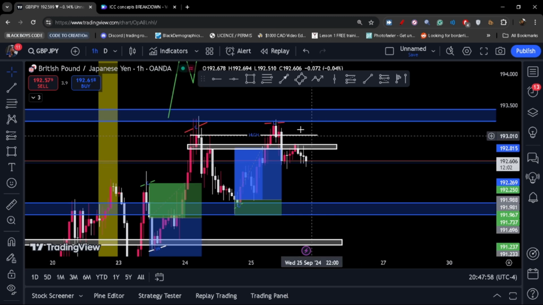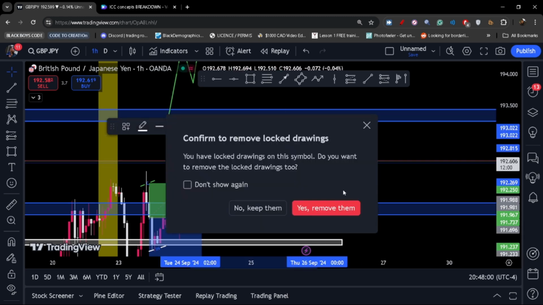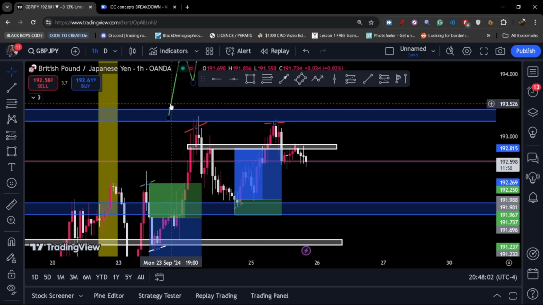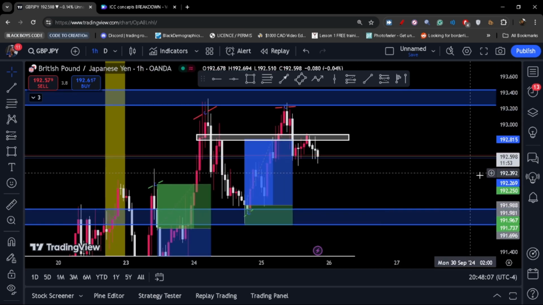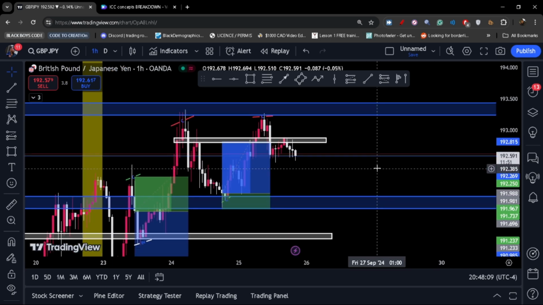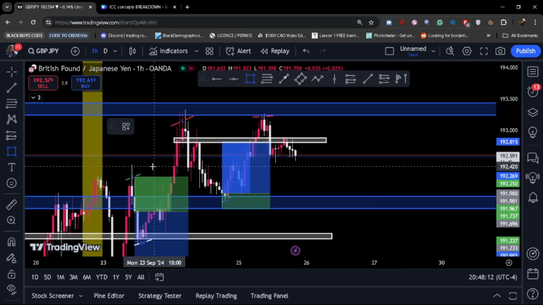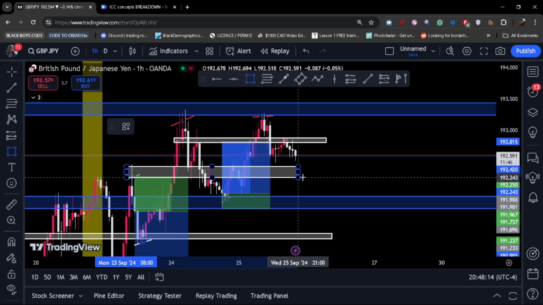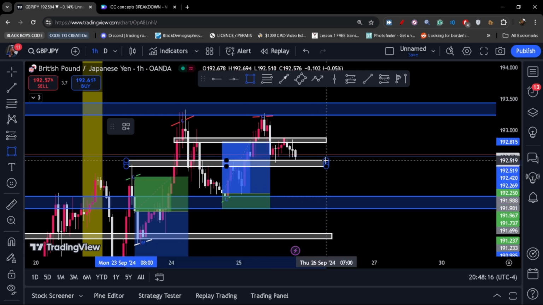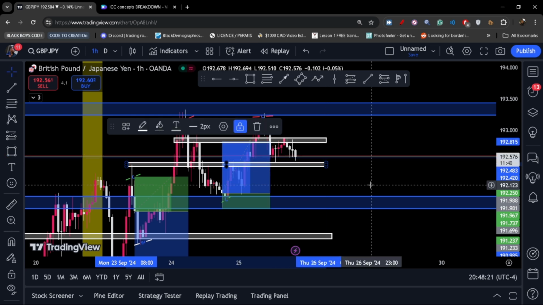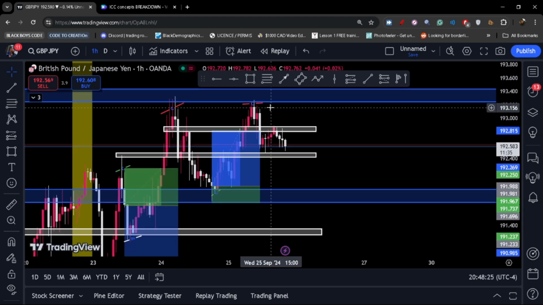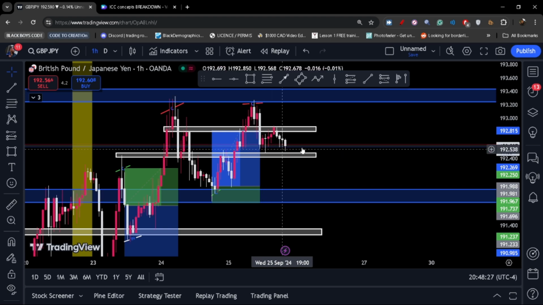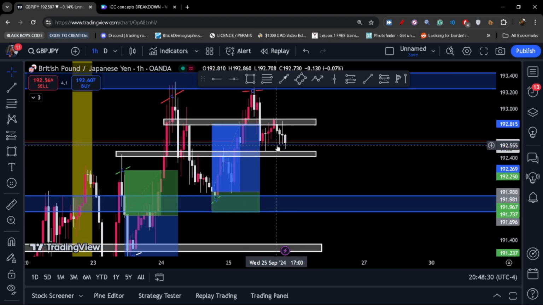So boom, like this, delete this, delete this, boom, and then I'll likely have price from here to here, boom, just like that, guys. So this is likely how I'm going to leave my chart looking. So right now, guys, we're in the correction phase, so we can likely see a double top happen here.